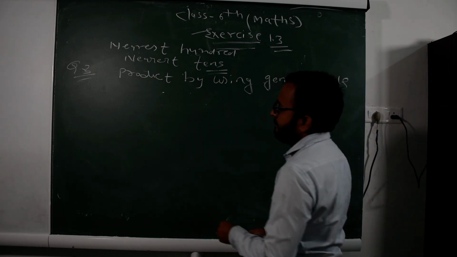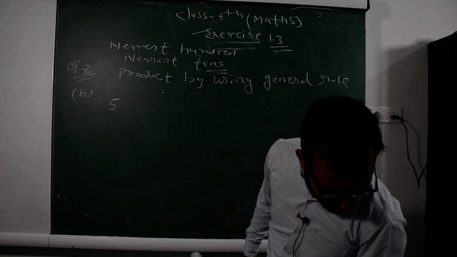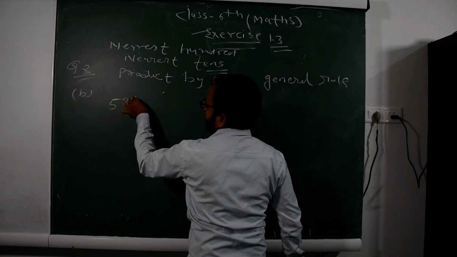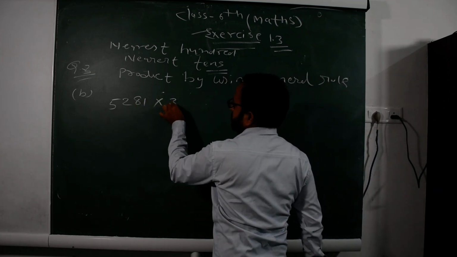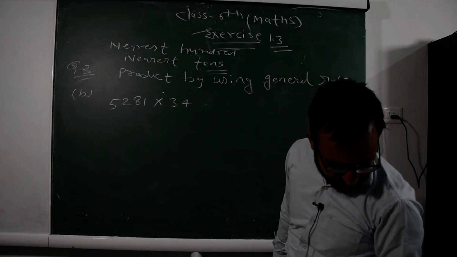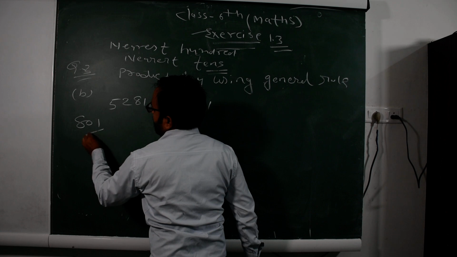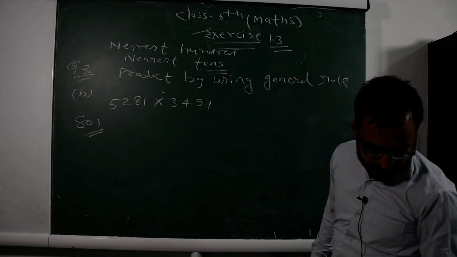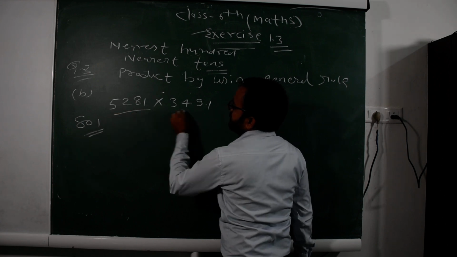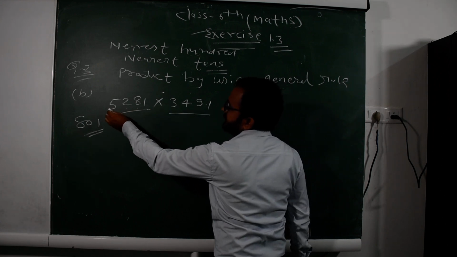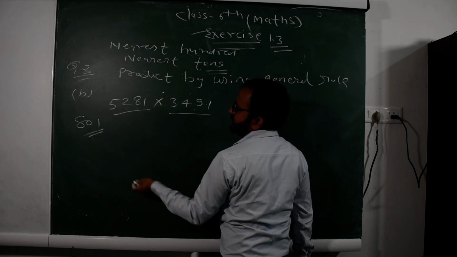Question is 5,281 multiply by 3,491. Now estimate. Both numbers are in the thousands, so we perform nearest 1000.